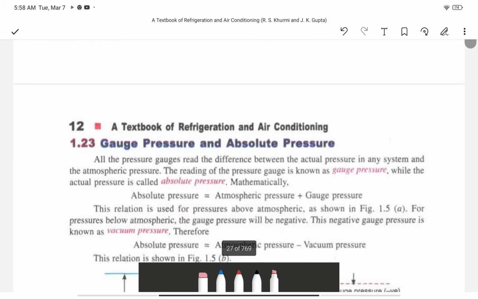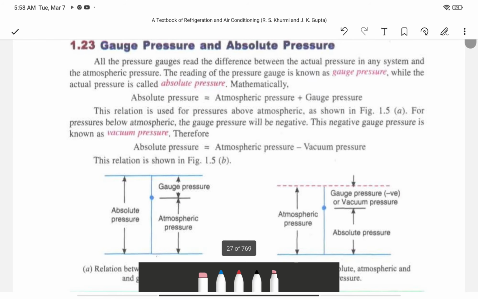Move on. Here we have what we call gauge pressure and absolute pressure. Before we go to the diagram, we read this. All pressure gauges read the difference between the actual pressure in any system and atmospheric pressure.